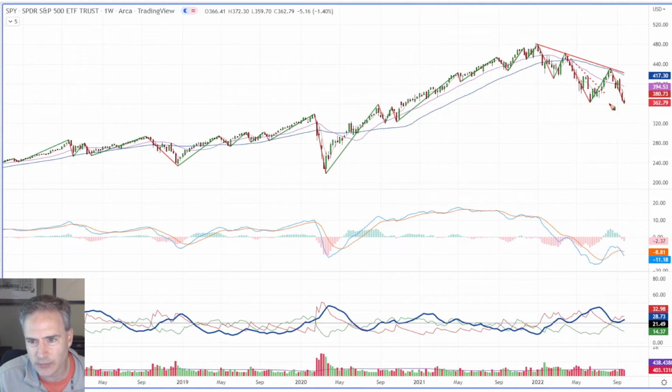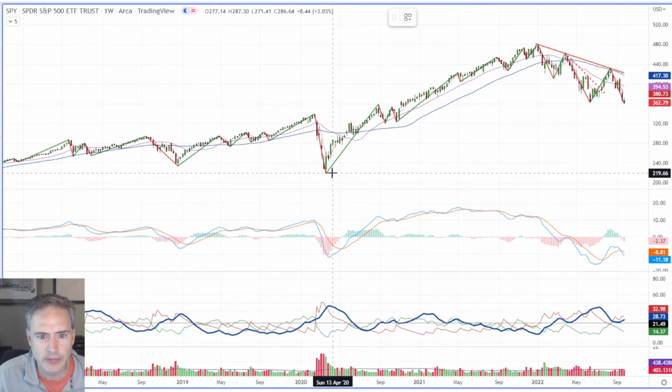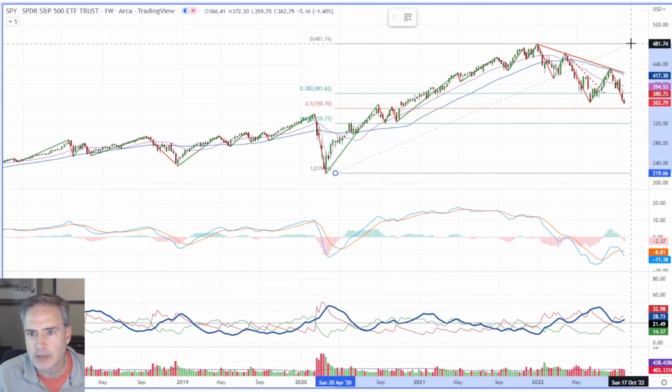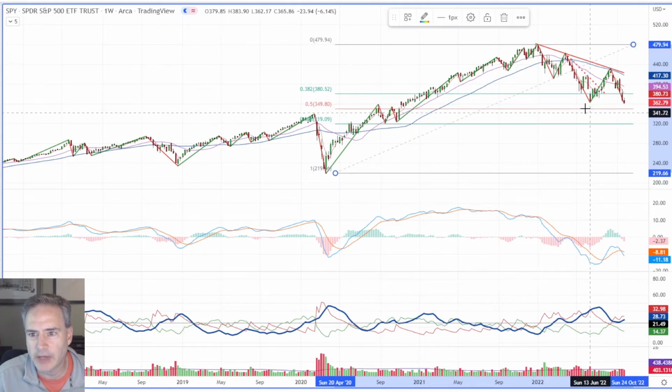There's one glimpse of hope here, and that is, let me just show you this. So I want to draw this. Let me draw in our fib grid. So if I put the fib grid up, I know around 35, it's 3,500 in the S&P or around 350 in the spider.